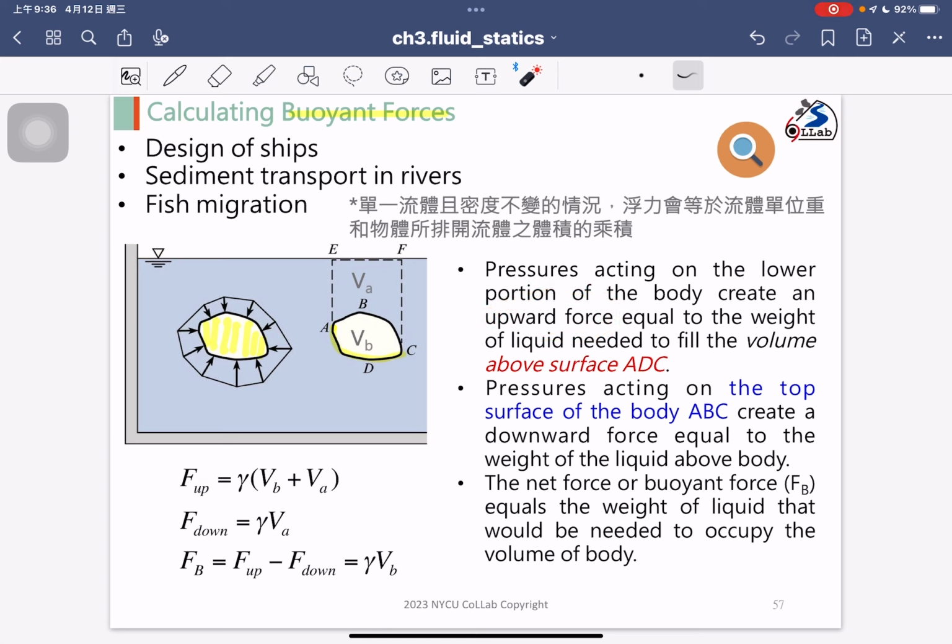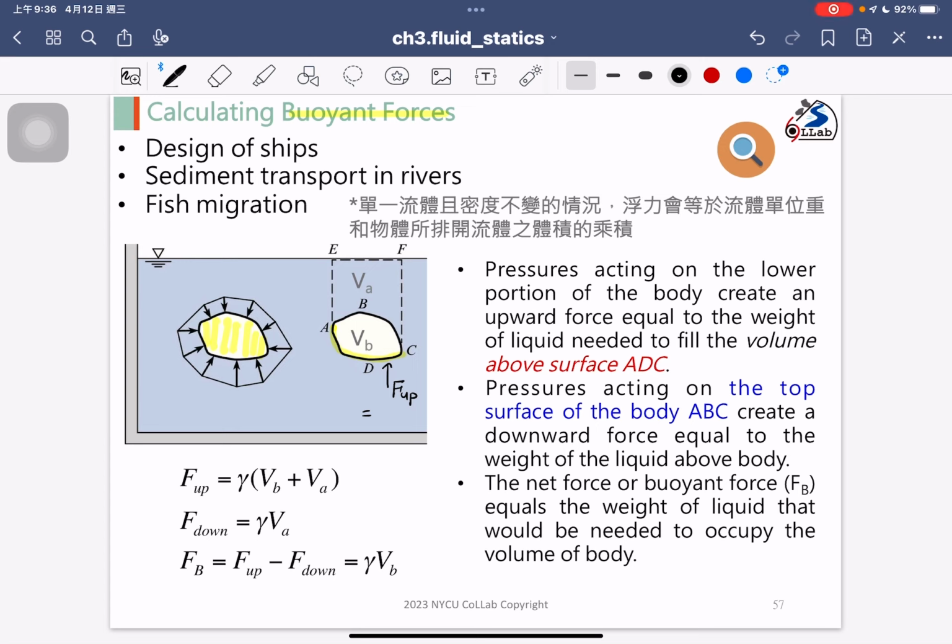And we will have the upward force. The upward force to support will equal the weight of the liquid needed to fill the volume above the surface ADC. That means we have a force up, and this force up should support the fluid weight above the ADC curve.